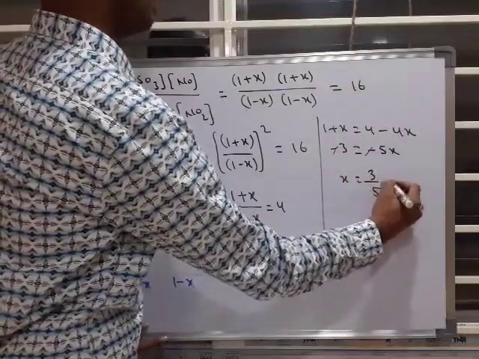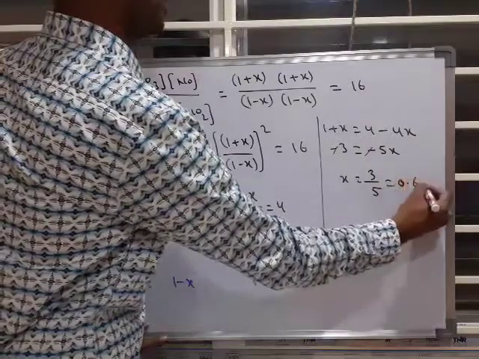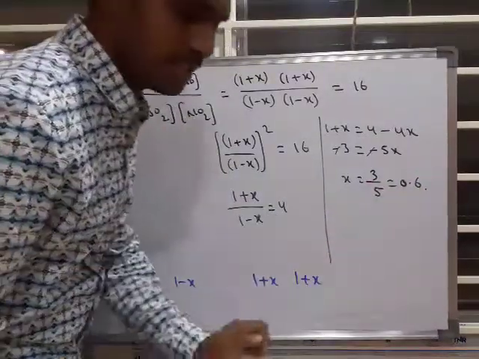So x equals 3 by 5, so 0.6. So the x value means the reacted part.